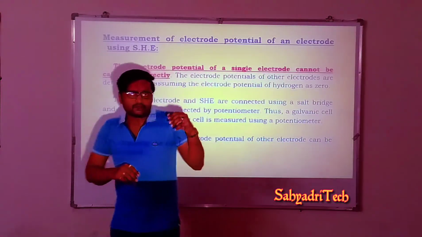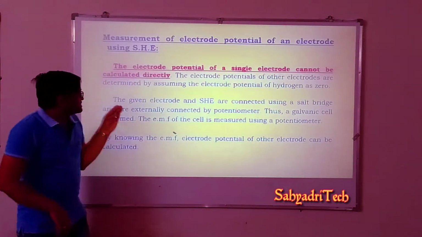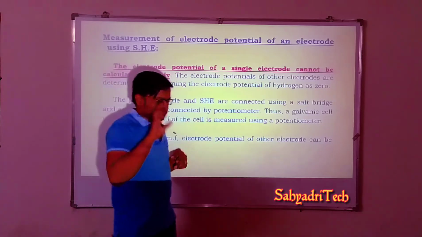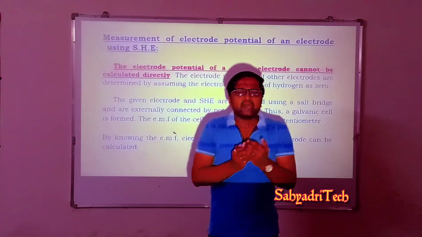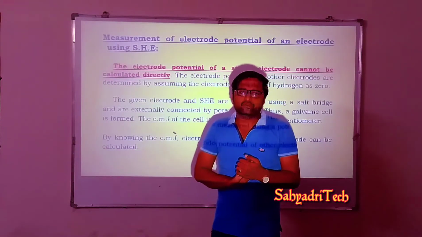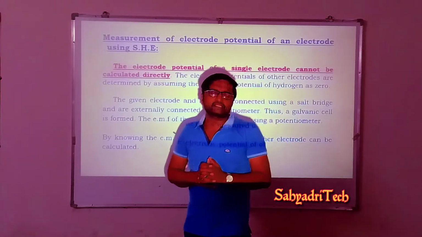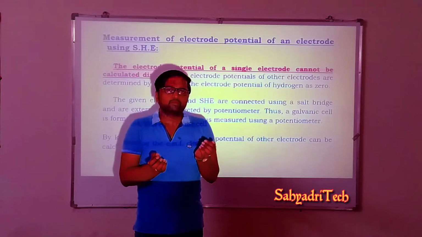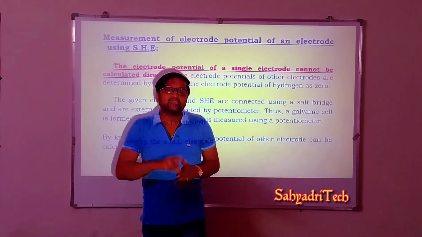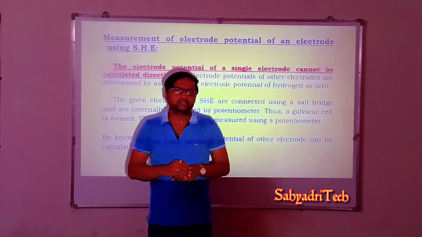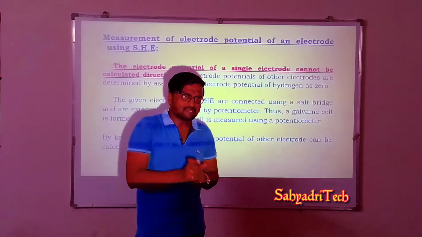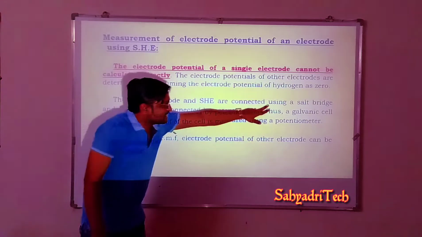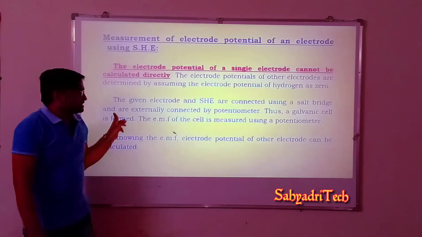So how are we going to determine it? Say the given electrode and SHE, say I want, say X electrode, some A electrode is given to us and we are asked to determine its electrode potential. Well, in that case, the given electrode and SHE are both used to construct a galvanic cell. That is, the given electrode and SHE are connected using a salt bridge.